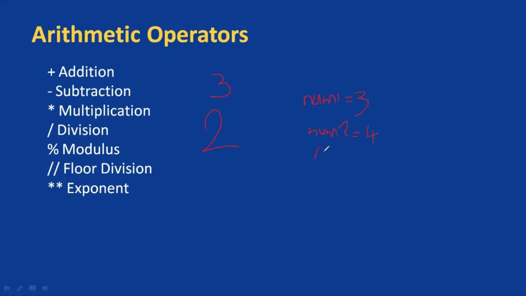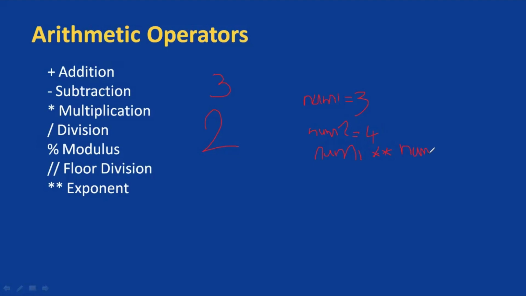You just write num1, then exponent, that is double star, and the variable name num2. What will be the output? Can you guess?